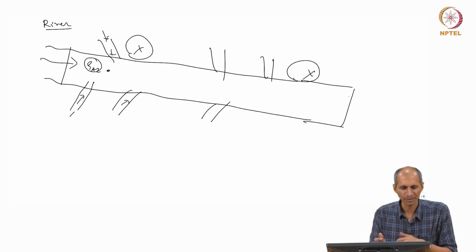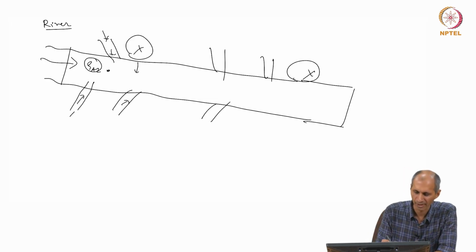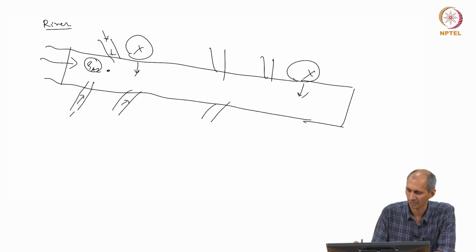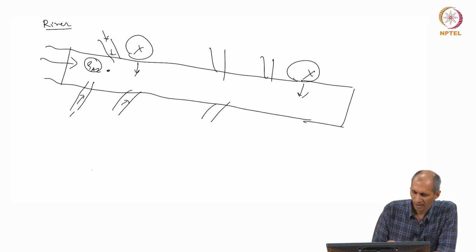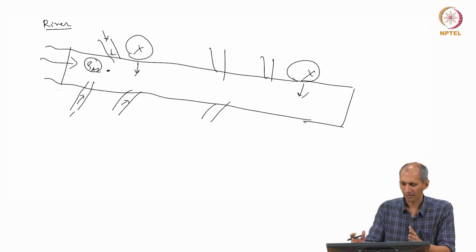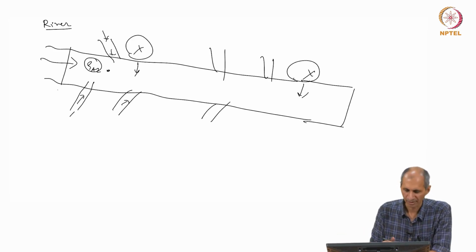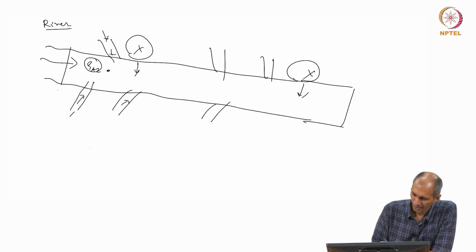I need to know the concentration at this point and at this point, so that I know the exposure of this set of population versus that set of population. It is very difficult to predict and model this kind of system if I have a long system as it is.